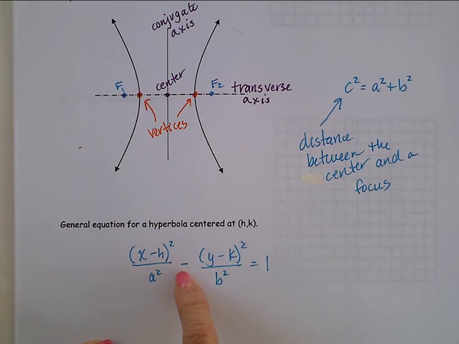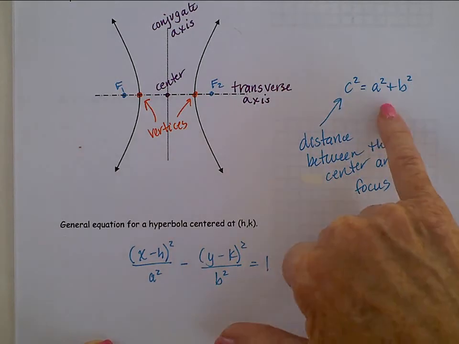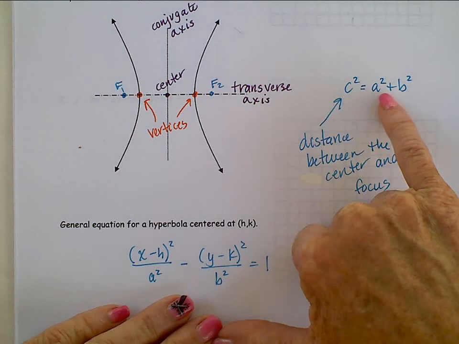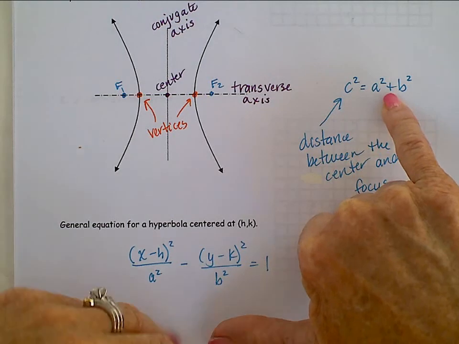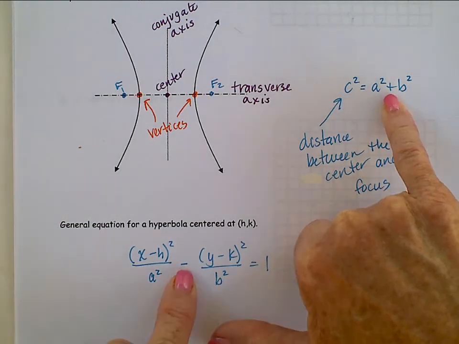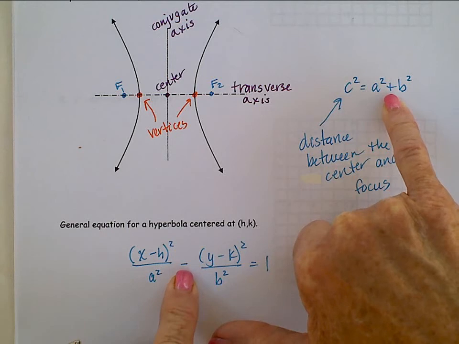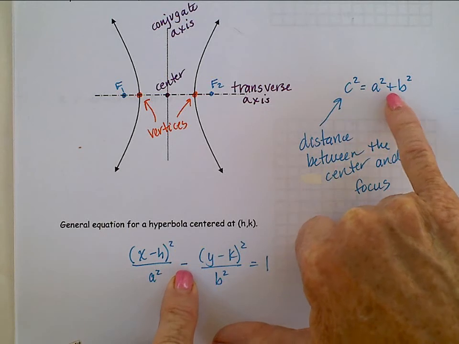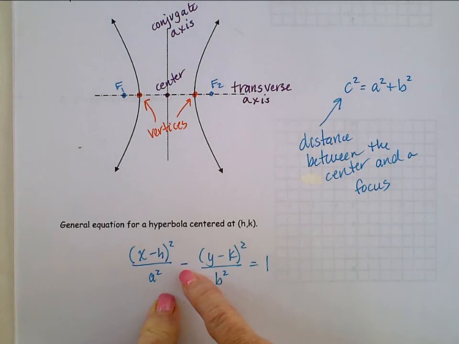For a hyperbola, that's minus. For an ellipse, that's plus. Look up here. c squared is a squared plus b squared for a hyperbola. So these signs are different. And for an ellipse, this was a squared minus b squared. And that was plus down here.